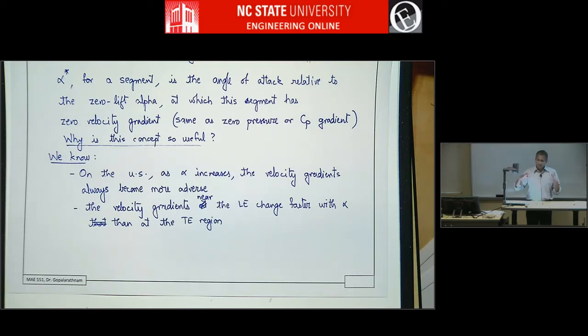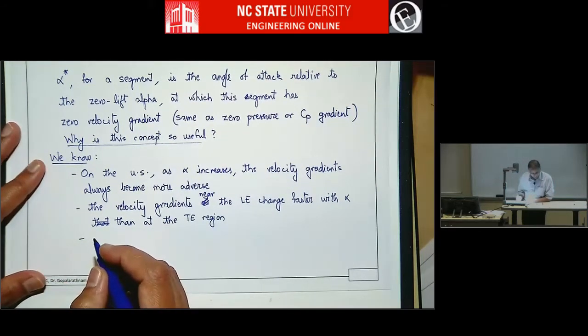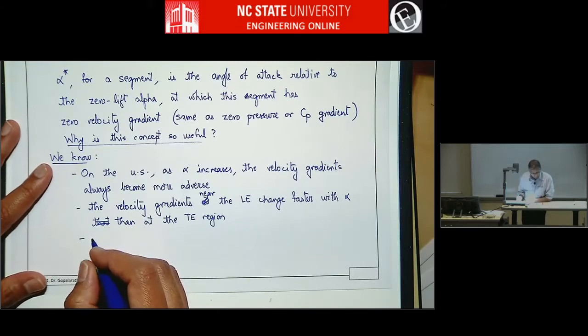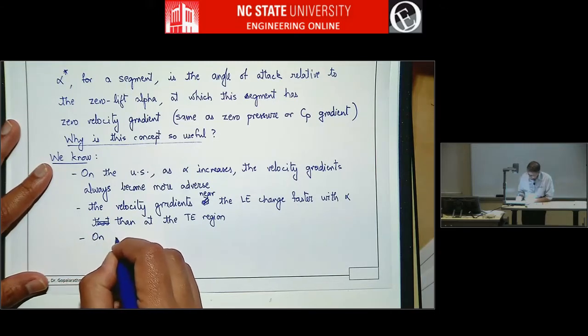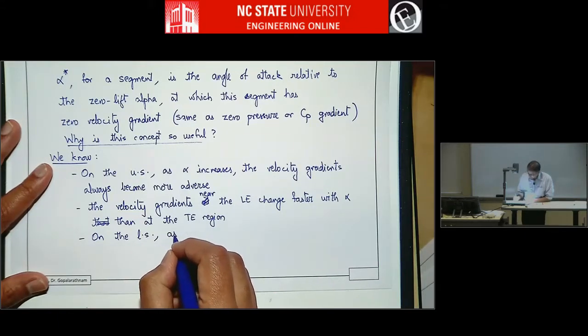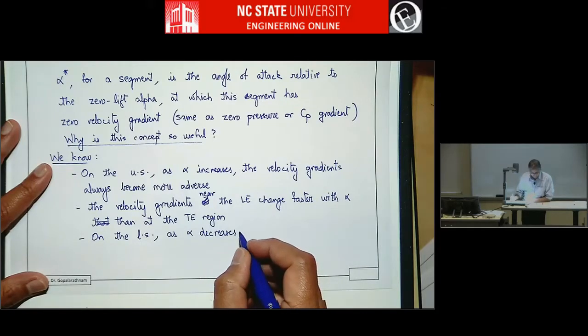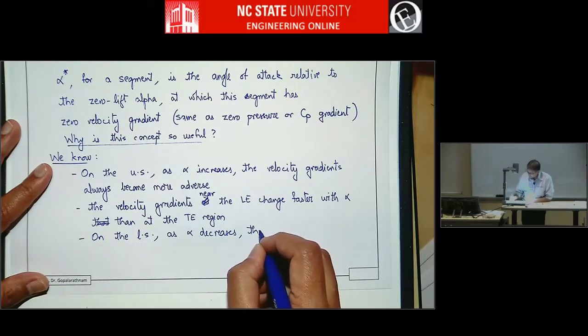That's how the velocities suddenly have a peak, right? As you increase angle of attack, there's a big peak at the leading edge, whereas at the trailing edge they move more gradually. They become adverse, but at a smaller rate. And the reverse happens on the lower surface. On the lower surface, as alpha decreases, the velocity gradients become more adverse.